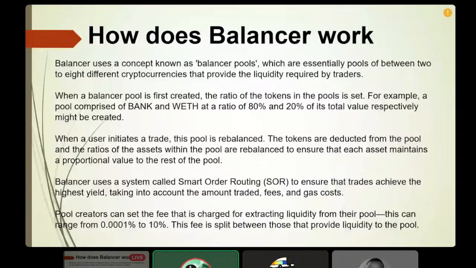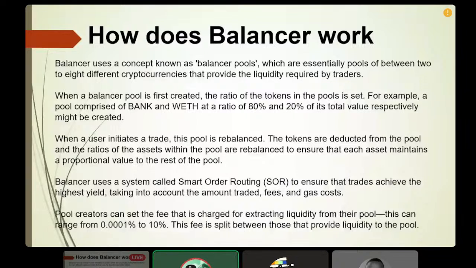That's why for the bank wrapped Ethereum pair, we are using a higher percentage of bank because it has low weight, and a lower percentage of wrapped Ethereum because it has a higher weight, so that the pool can be balanced, and then we can get adequate BAL rewards for investing in that liquidity pool. I don't know if it makes sense.